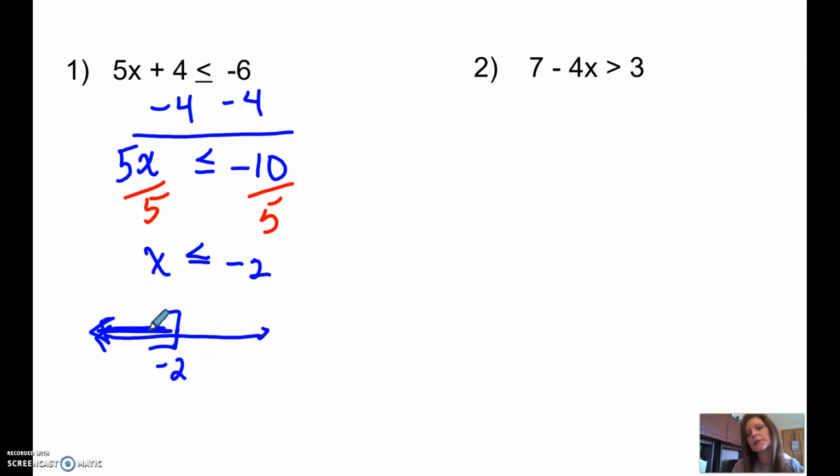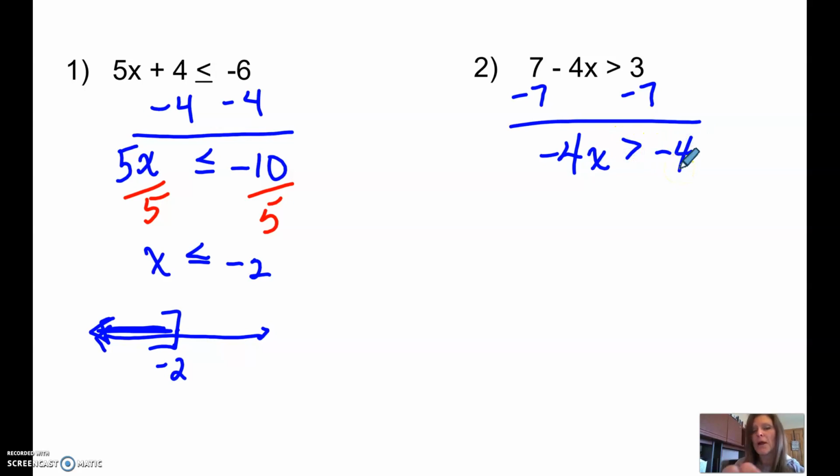All right, well, again, my x is kind of by itself, so we might want to subtract the 7 from both sides. That would leave me with negative 4x, don't lose your signs, greater than negative 4. All right, so to get the x by itself this time, I do have to divide by a negative.